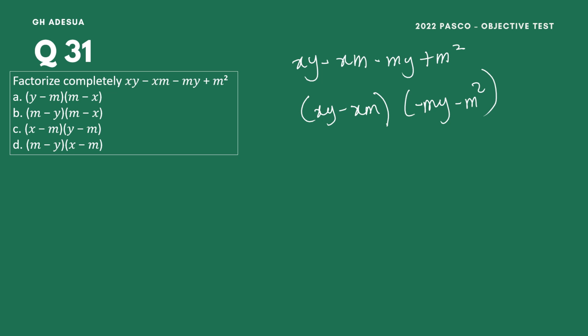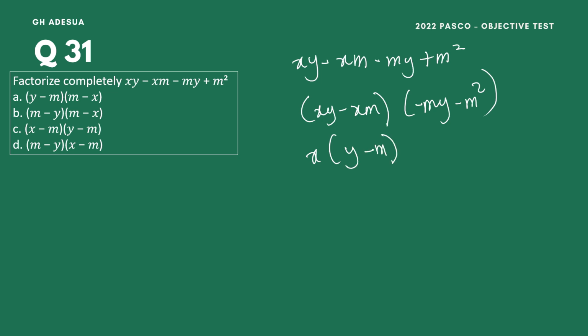If you look at both brackets, we look for the most common factors within each bracket. From the first bracket, x repeats itself, so x will be factored out. x goes into itself once, and then we remain with y minus m.